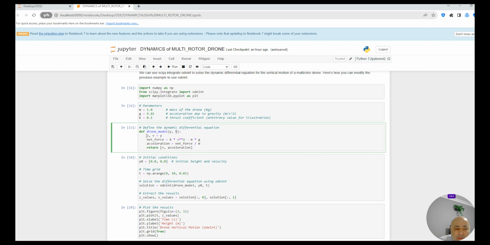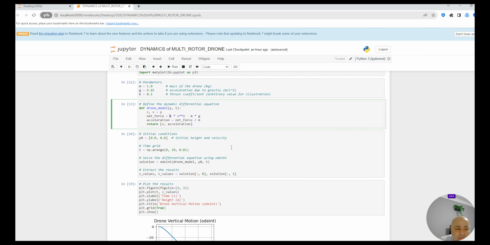And then I defined the relation between y and v and z. And then I put the net force. As you can see, it's k multiplied by v squared minus m multiplied by g. And then I define my acceleration by saying acceleration is equal to net force over m, which is the mass. And then I returned v and acceleration.